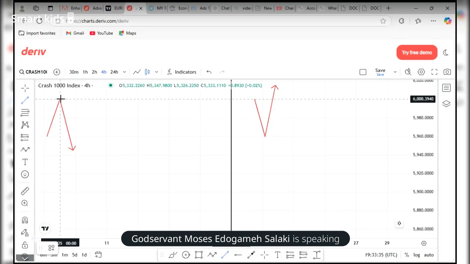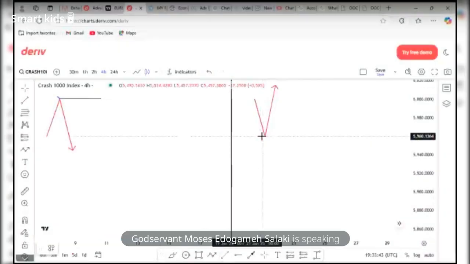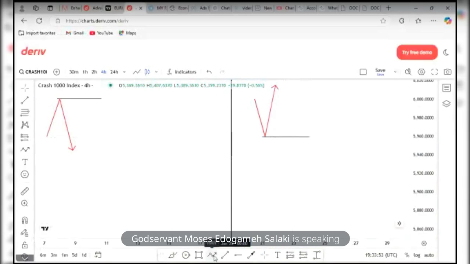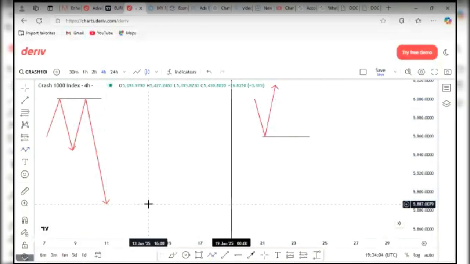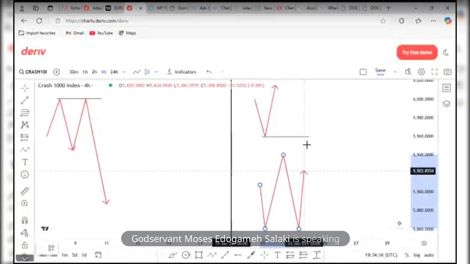Violation of A or V shape is used for entry when there lies a liquidity. This is what I said. So this is an A-shaped key level. If price is going to sell, price will have to come back here to sell. And this is V-shaped key level. If price will buy, price will come back here and buy.